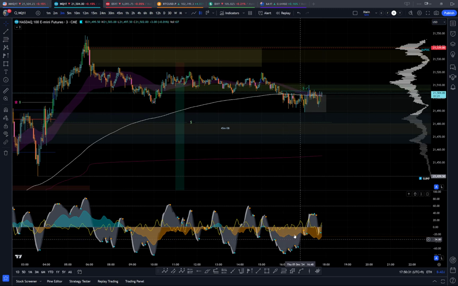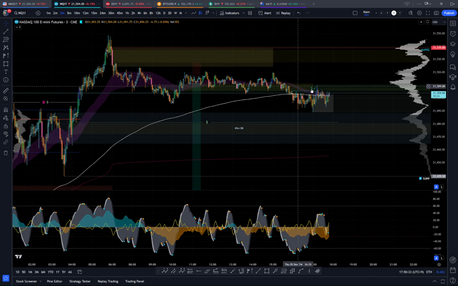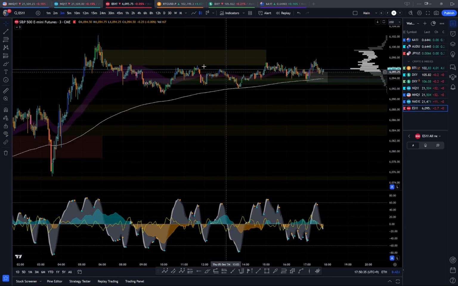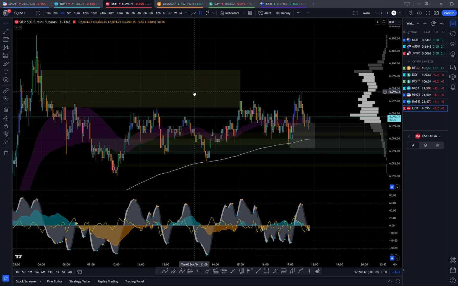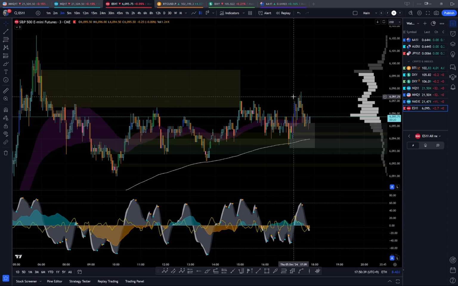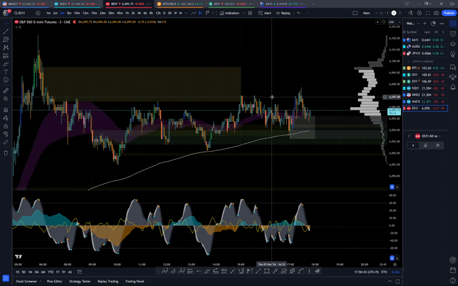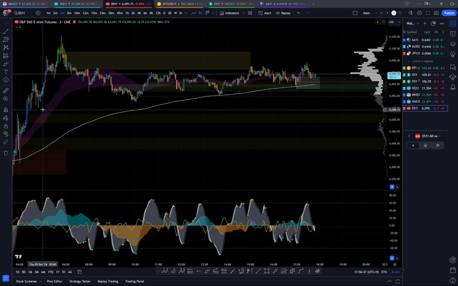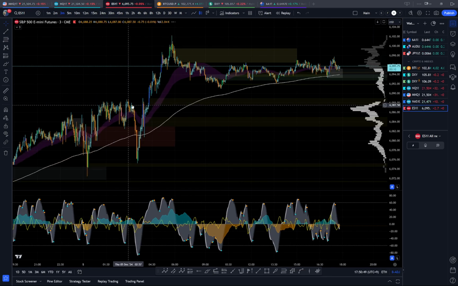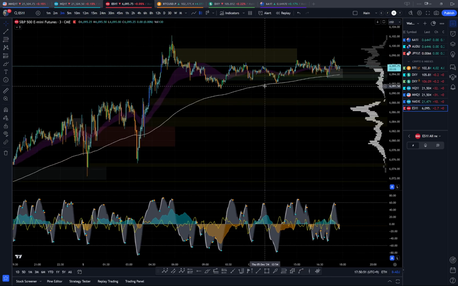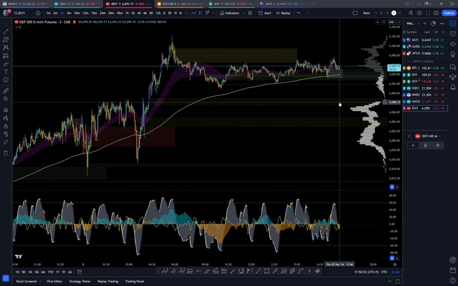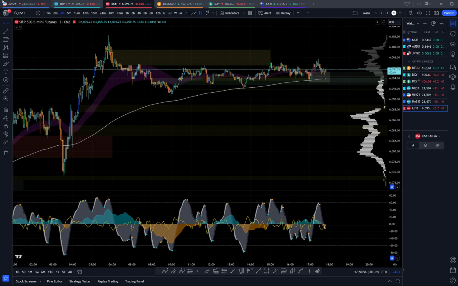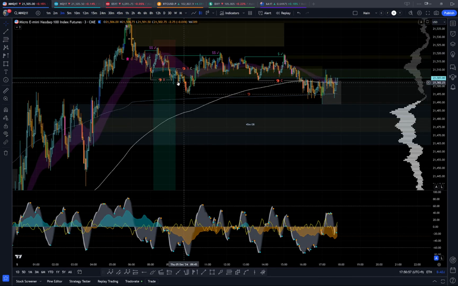But at the moment, especially with what the ES is doing, ES came right up to Sydney's highs, took out all of its Asian highs, and it's kind of a decisionary moment now. We have a lot of Asian lows here. If they want to slice down, then they'll bring the NQ with it.